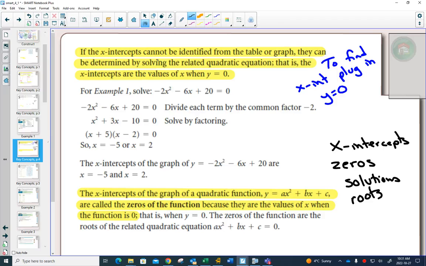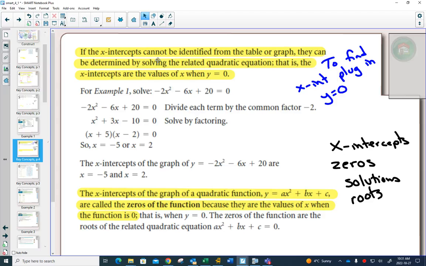So we use different words because we have different situations where it makes sense to use those words. The reason you use roots is because how do you get rid of a squared? You square root, so we call the answer a root. So we have all of these different words for different reasons, but it's nice to sometimes make a list and say, these are all the same things. They're just used in different situations.